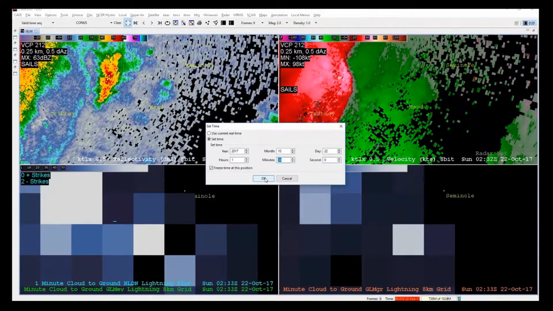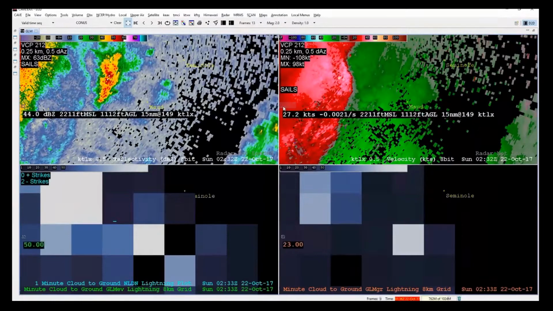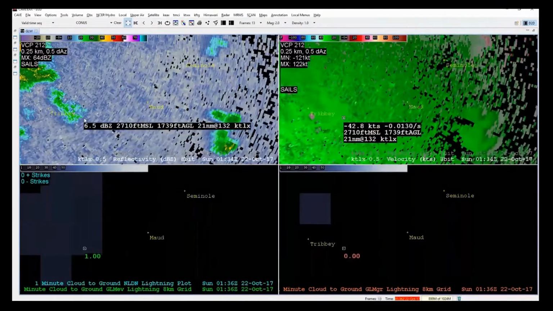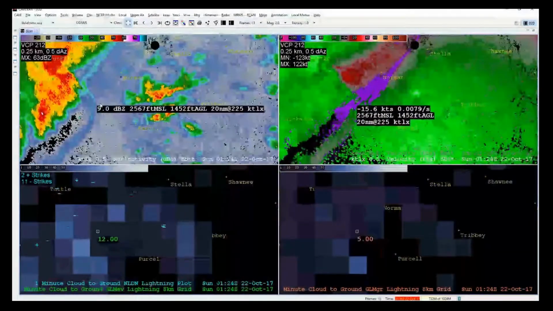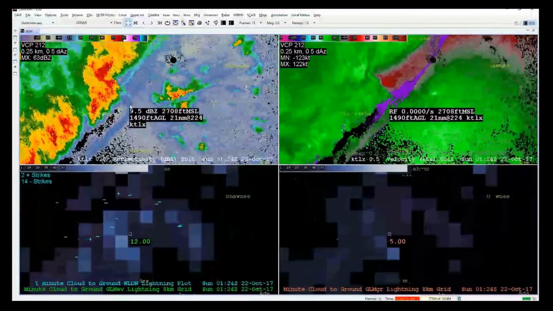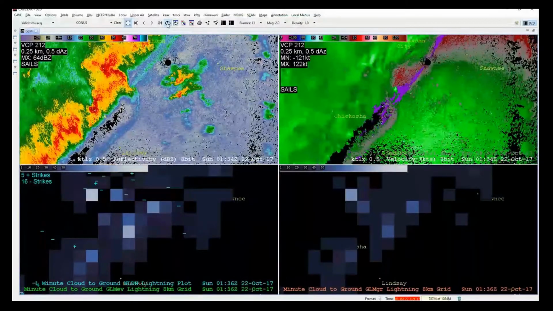Now, you do have a difference from day to night. The specs are that the GLM should see 90% of flashes at nighttime and 70% of flashes during the day. Yeah, the spec is 70% total lightning detection over a 24-hour period. So you could have lower performance and still meet spec.